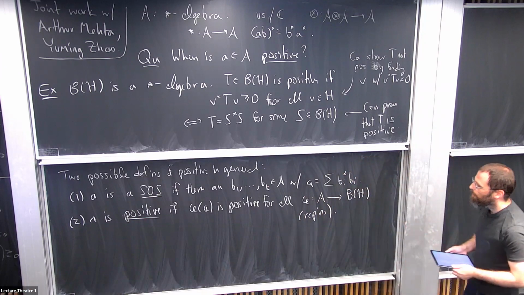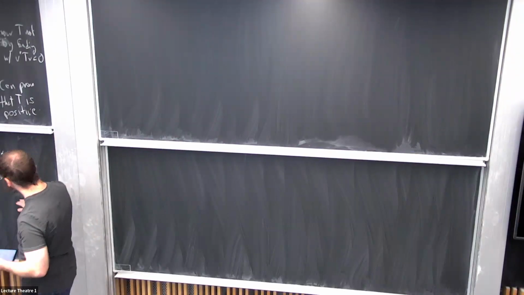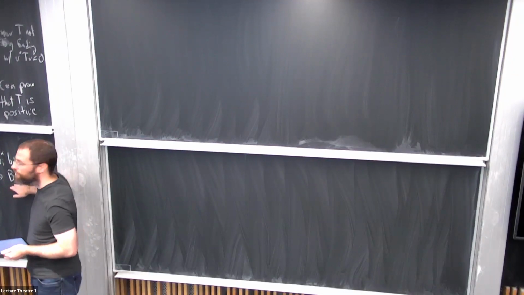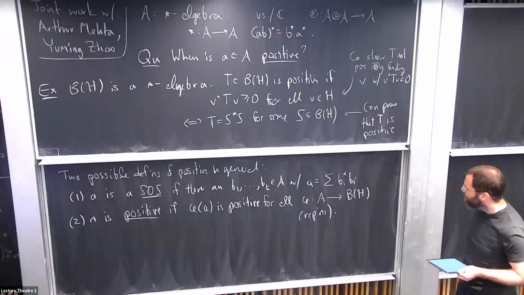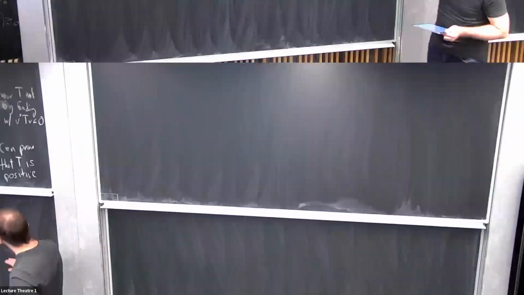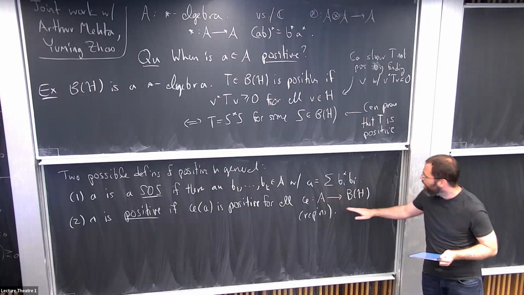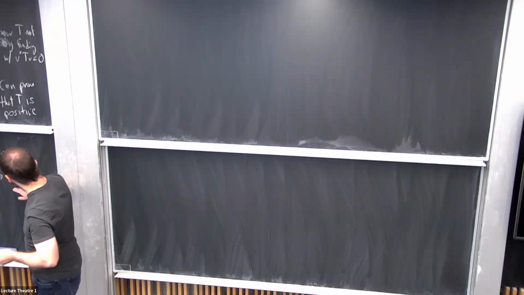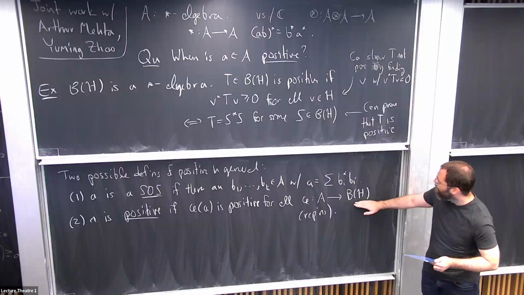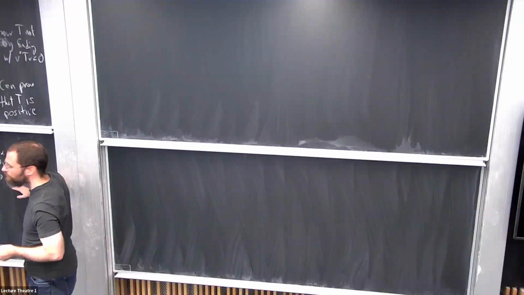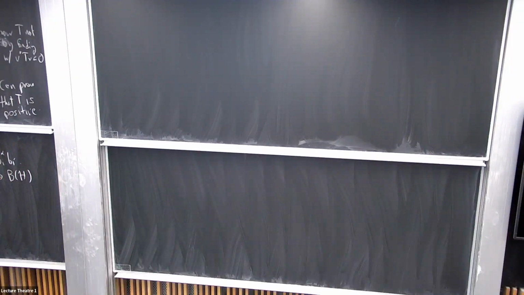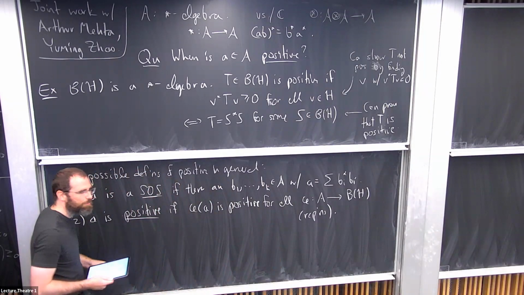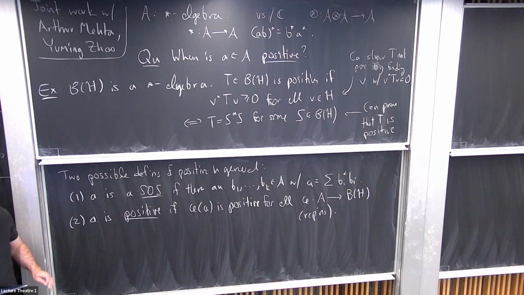A representation is just a star homomorphism. It's a linear map which preserves the multiplication and star. And we look at all possible ways of thinking about our star algebra inside, or mapping to, operators in a Hilbert space, and we ask that A be positive in all those representations of our star algebra. And if that's true, we say that A is positive.